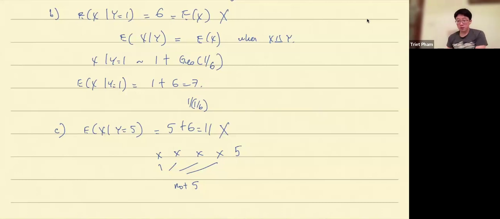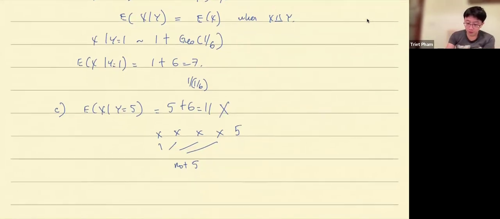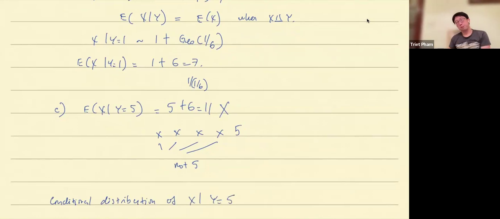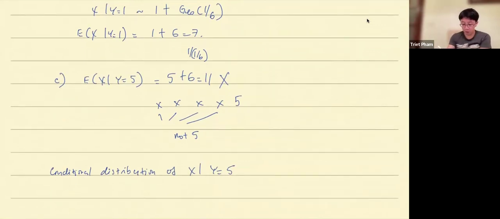And so for this kind of question, you really have to work out the conditional distribution of X given Y equals 5, meaning that you have to talk about, first of all, what values it can take.